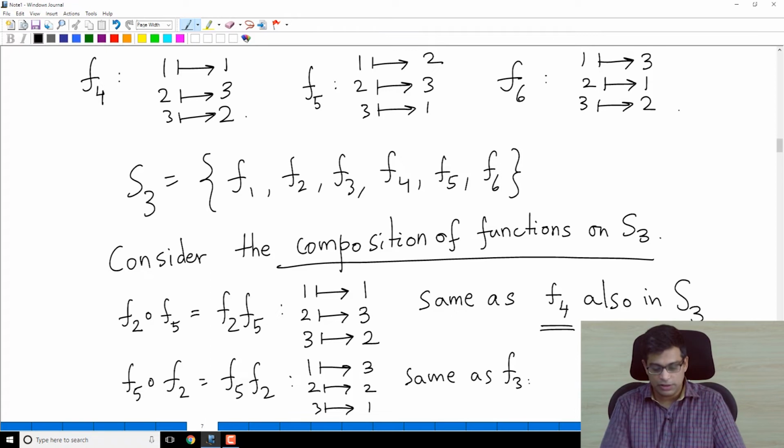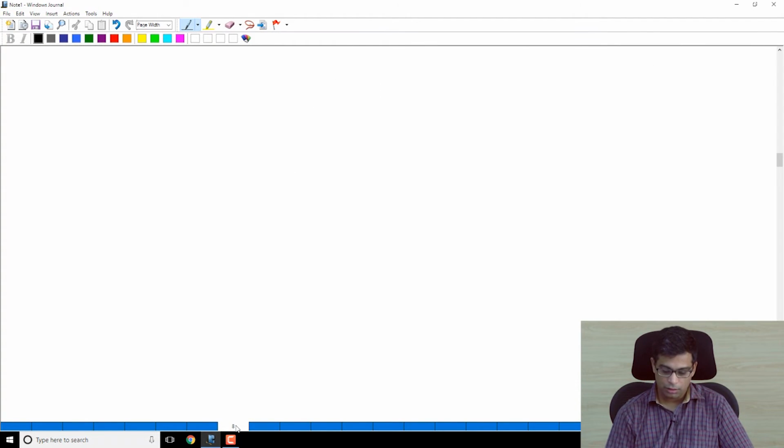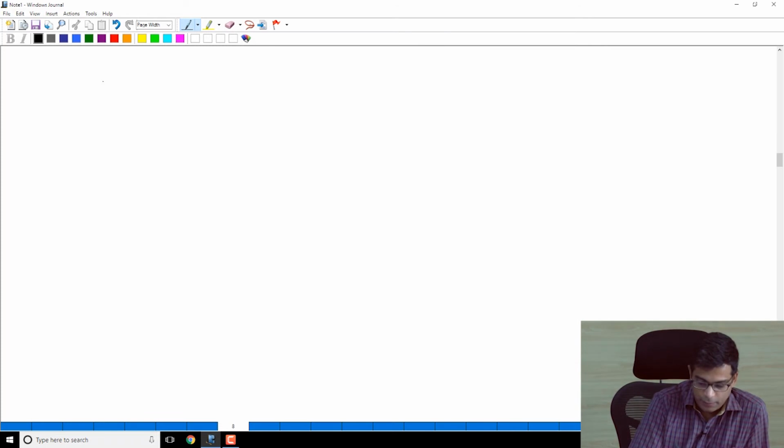And as the new example suggests, order does matter here. If I do F2 composed with F5, I get F4, whereas if I do F5 composed with F2, I get F3. So, the order in which I compose gives me different results. However, I can say that composition is a binary operation.